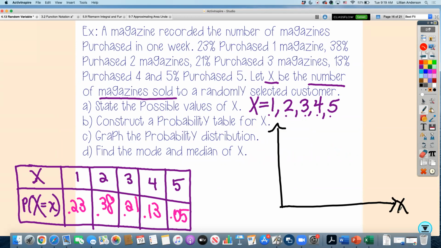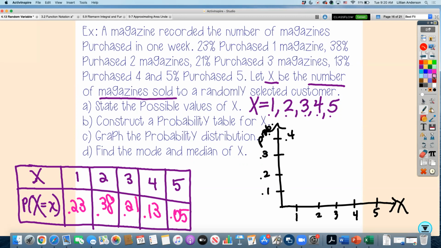Your X is representing 1, 2, 3, 4, and 5. And then your Y is representing the probabilities that go along with it. Since my largest probability is 0.38, I'm only going to go up to about 0.4: 0.1, 0.2, 0.3, 0.4.